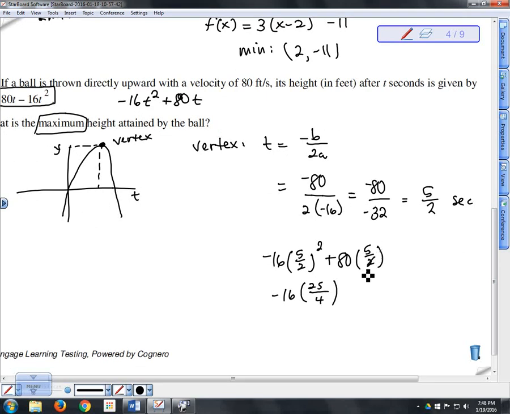Two goes into 80 40 times. 40 times 5 is 200. 4 goes into 16 4 times. 4 times 25 is negative 100 plus 200 equals 100 feet.